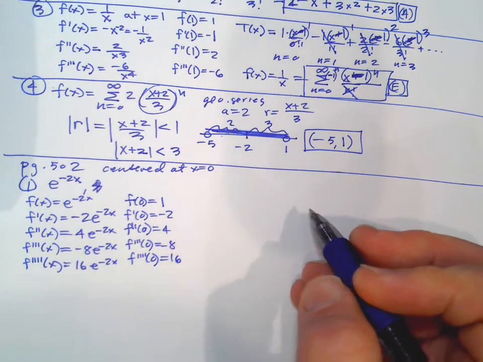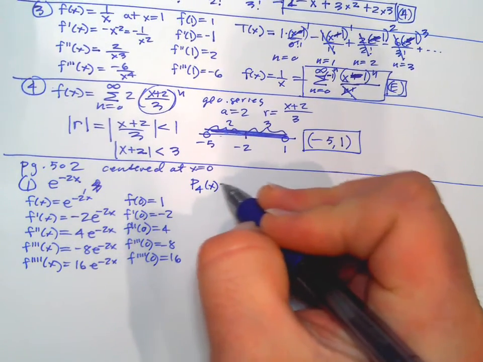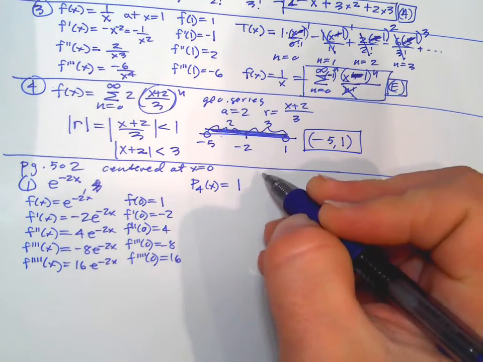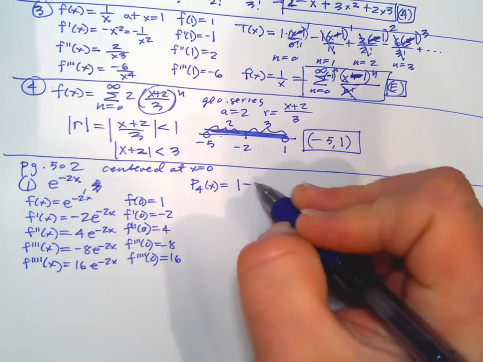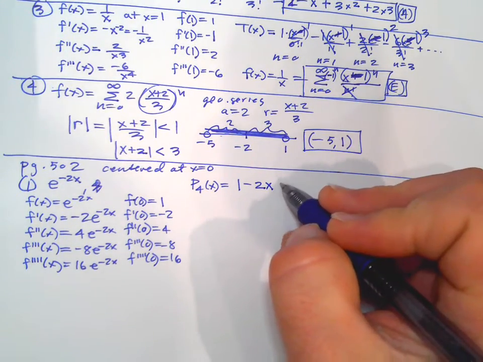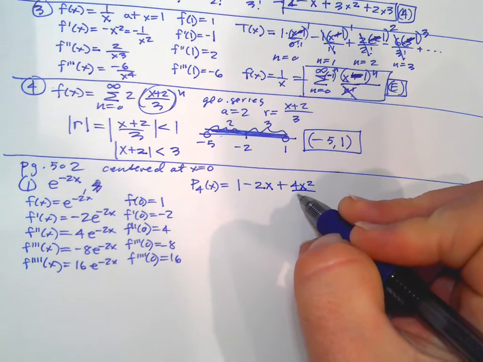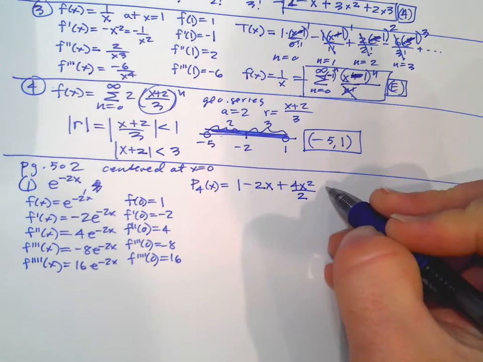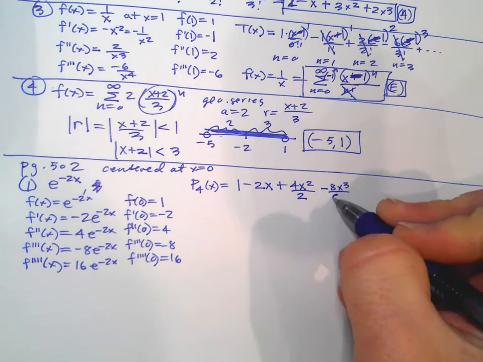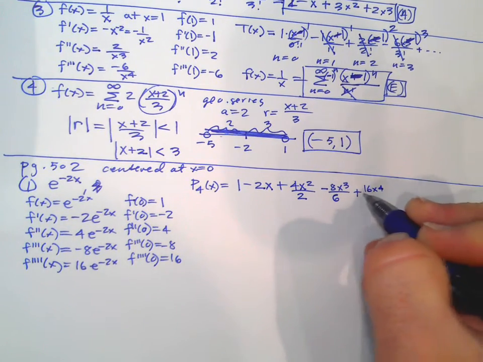So if you'd write the fourth order, it would be P sub 4 equals 1 x to the 0 over 0 factorial, which is all 1, minus 2 x to the first over 1 factorial, plus 4 x squared over 2 factorial, minus 8 x cubed over 3 factorial, which is 6, plus 16 x to the fourth over 4 factorial, which is 24.